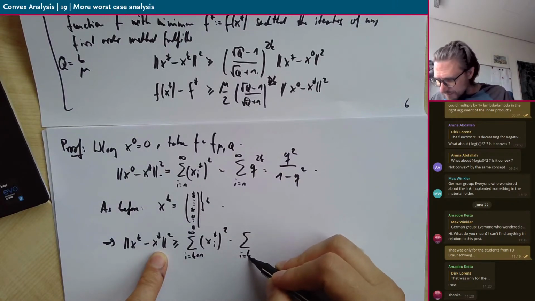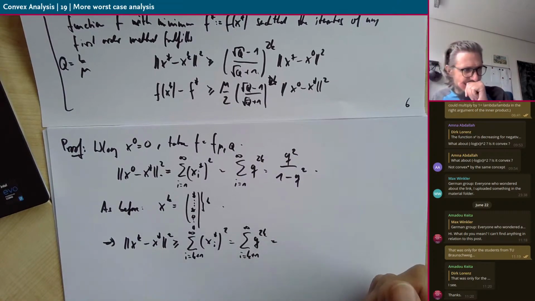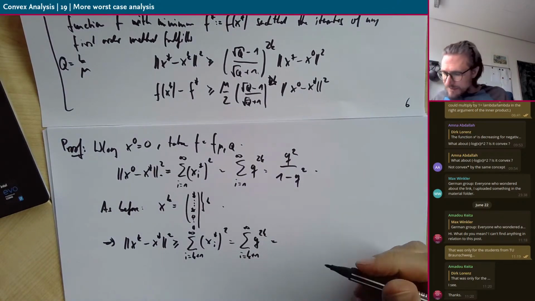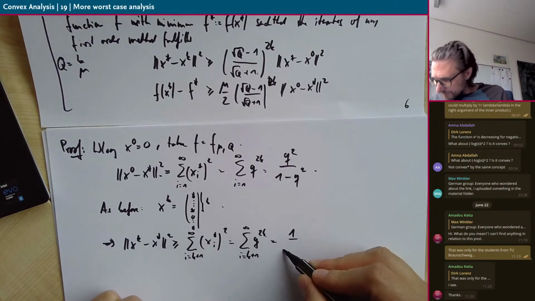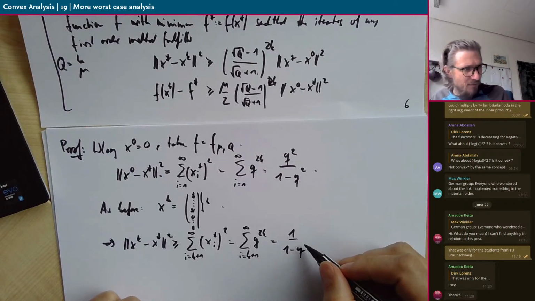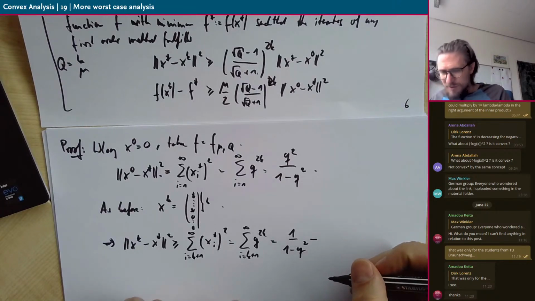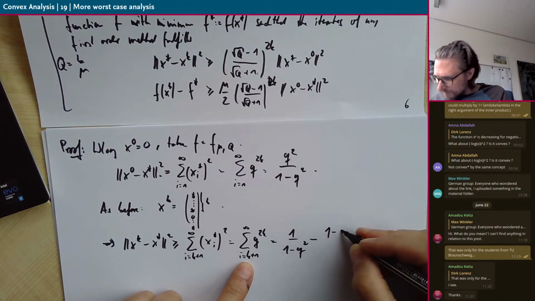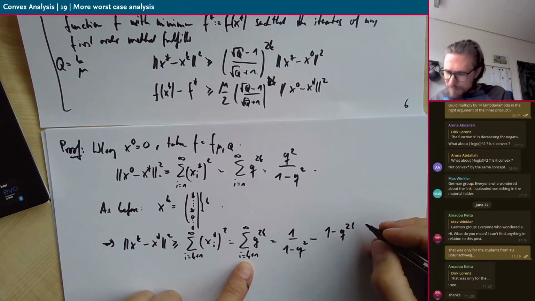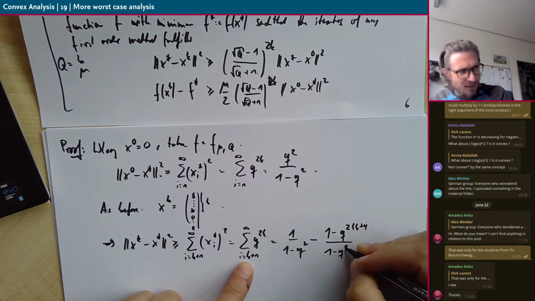Same thing. Q to the 2K. And it's again, I don't know, I never have these in mind, how it works. So it's 1 over 1 minus Q squared. It's a full geometric series, but then we have to subtract the first K, and for the first K we have 1 minus Q to the 2 times K plus 1 divided by 1 minus Q squared.